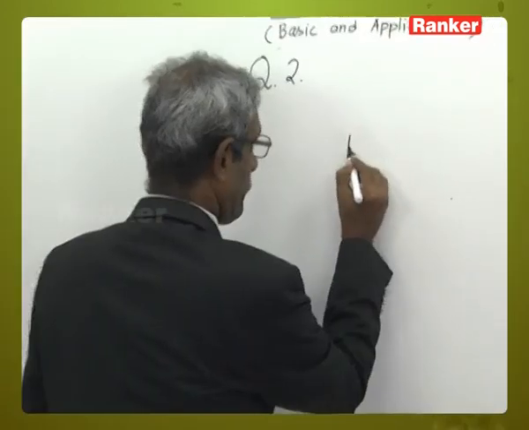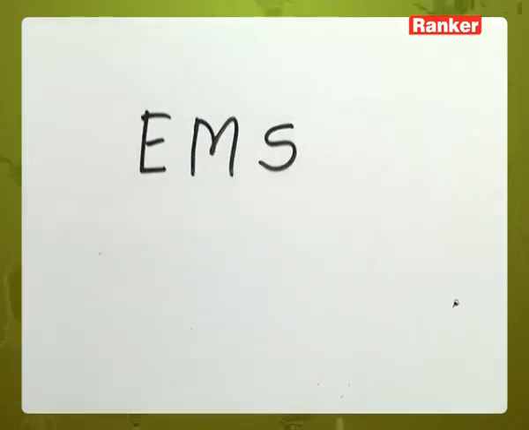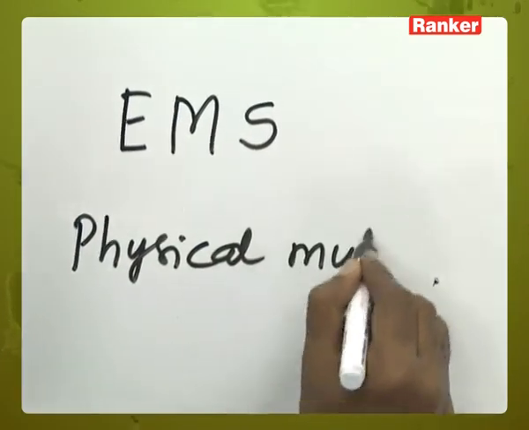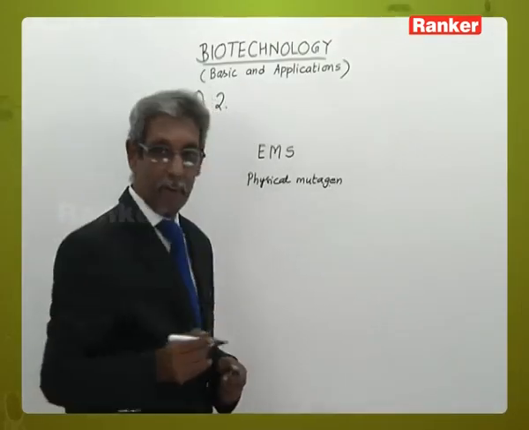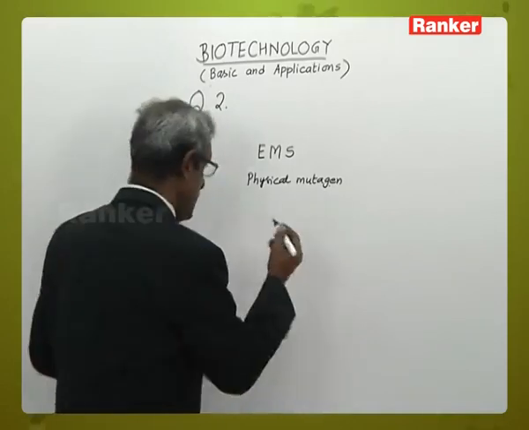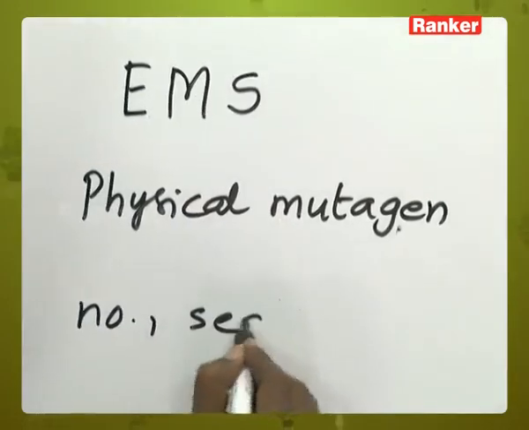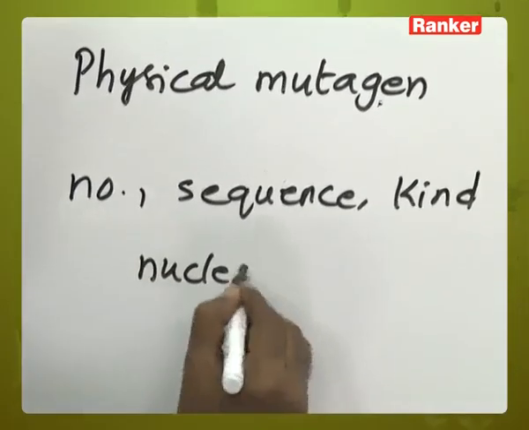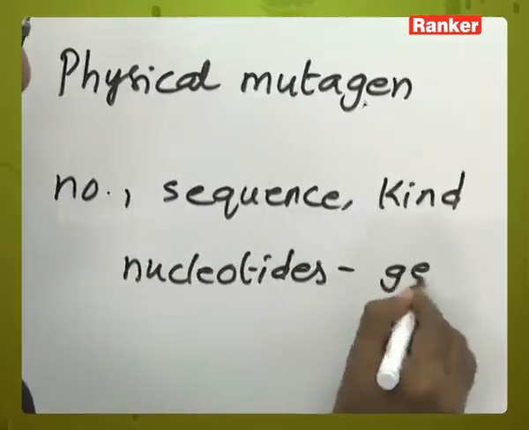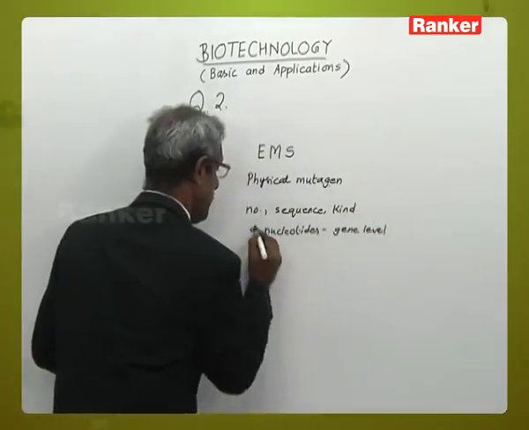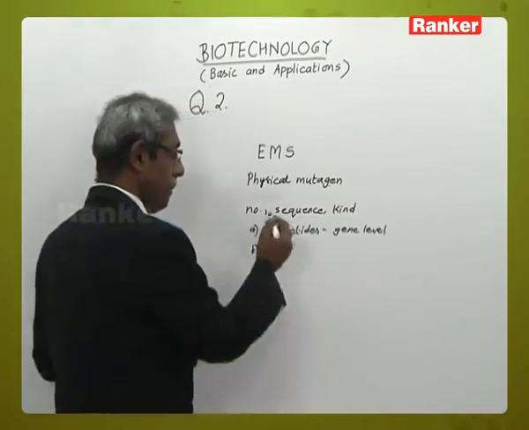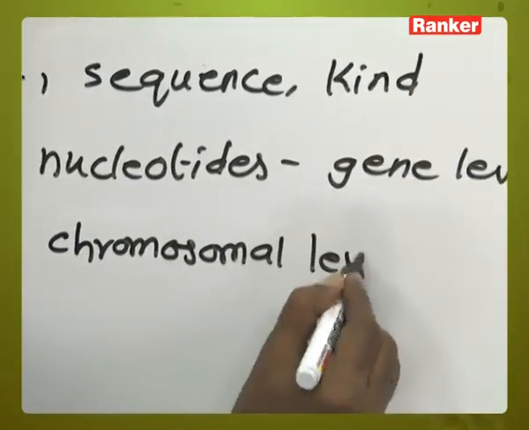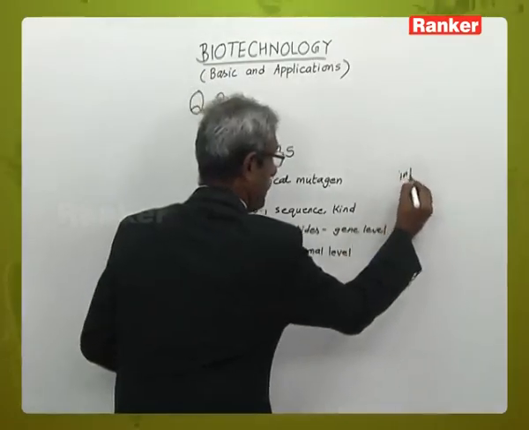When you take EMS, ethyl methane sulfonate is an example of a chemical mutagen which can bring about changes in the number, sequence and kind of nucleotides at the gene level, and it can also bring about changes at the chromosomal level, which can be inherited.